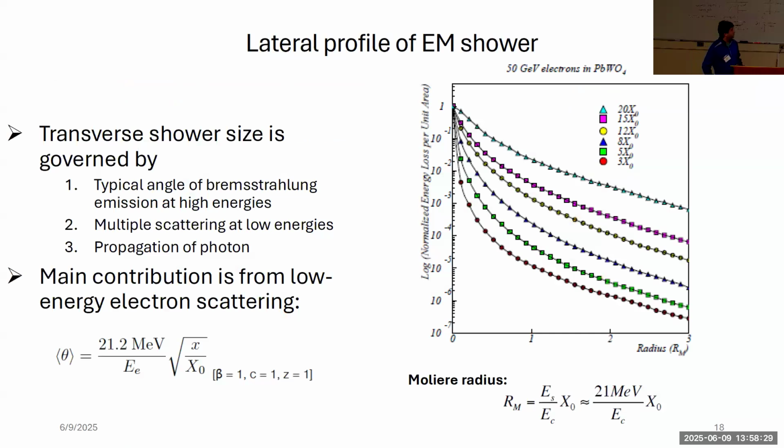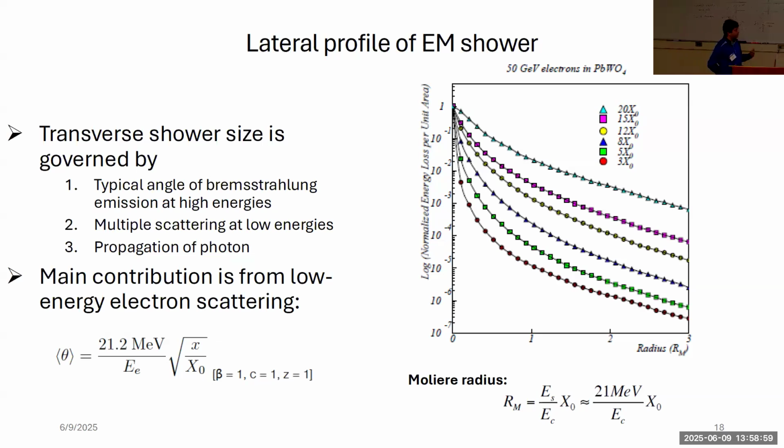Okay, that was the longitudinal profile. In terms of the lateral profile, the transverse size of a shower, even if you throw a particle at a block of material, that shower is not going to be at one point. It's going to spread out a little bit in the transverse plane. That transverse shower size is governed by 3 things. One is the typical angle of bremsstrahlung emission at high energies.